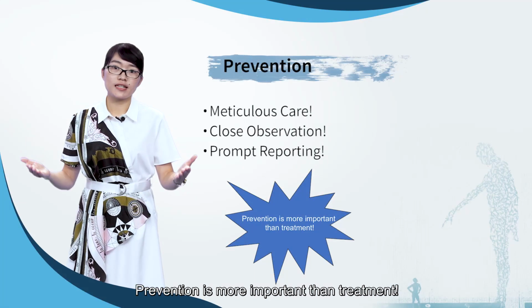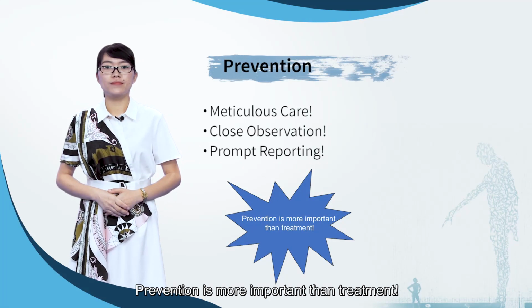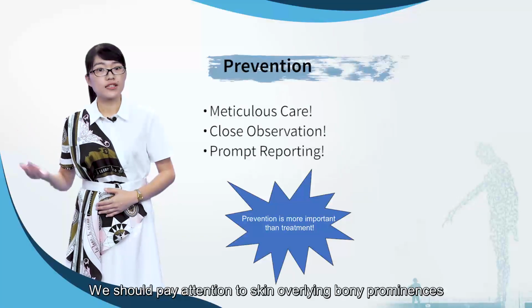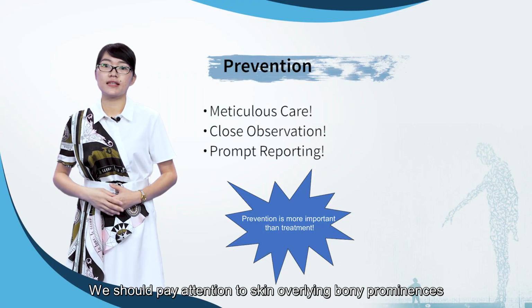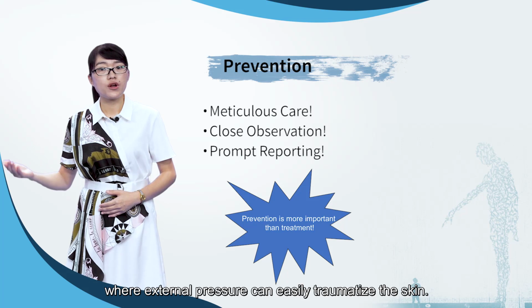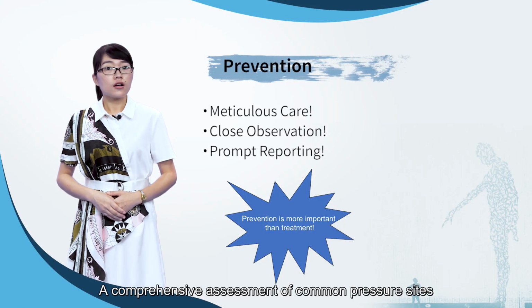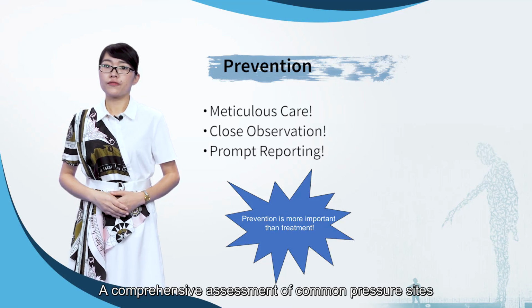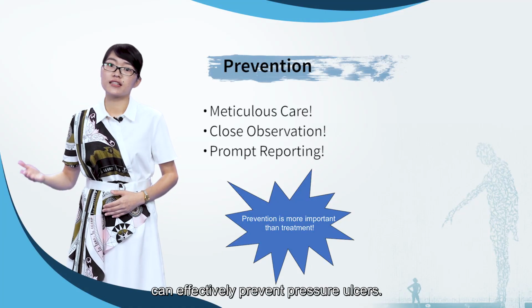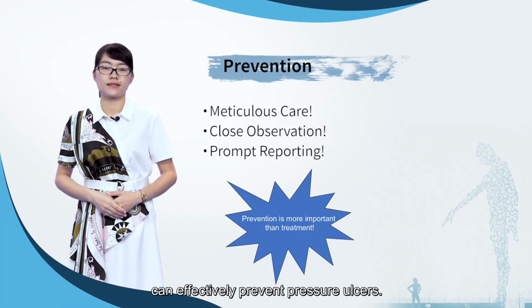Prevention is more important than treatment. We should pay attention to skin overlying bony prominences, where external pressure can easily traumatize the skin. A comprehensive assessment of common pressure sites can effectively prevent pressure ulcers.